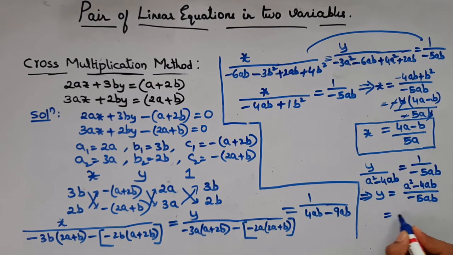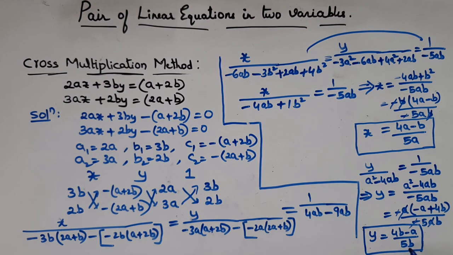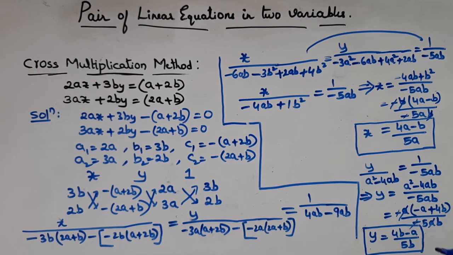Here a is common, so keep minus a outside. So minus a, we are left with minus a plus 4b by minus 5ab. Here minus minus is gone, so a is also gone, so your y is 4b minus a by 5b. So y is 4b minus a by 5b. These are your x and y values.